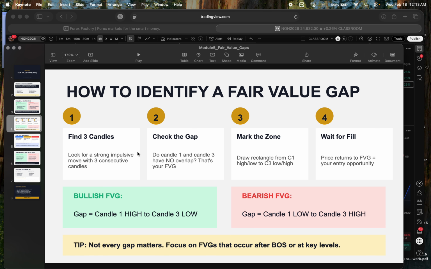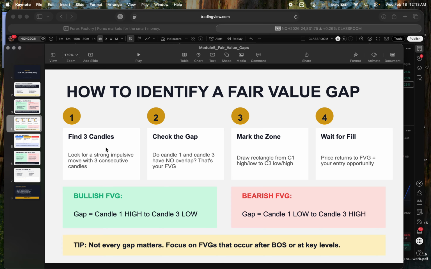So the way to find a gap, and again, I'm going to give you a bunch of examples, is you're going to look for 3 candles together. Look for a strong push, a strong big candle. That's the second one, either green for going up or red for going down. Then check for a gap.